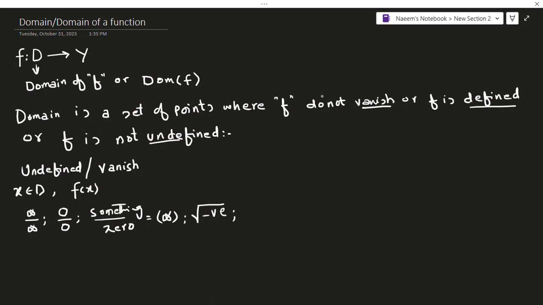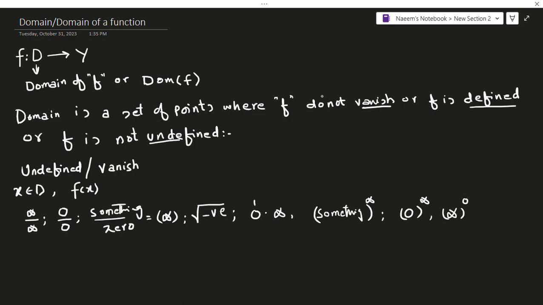There are some other things. For example, 0 times infinity is also a kind of undefined form. Something raised to the power infinity, 0 raised to the power infinity, infinity raised to the power 0.